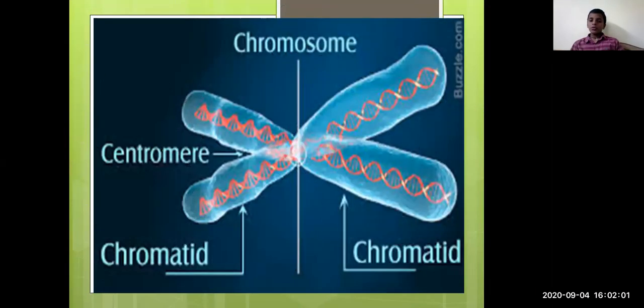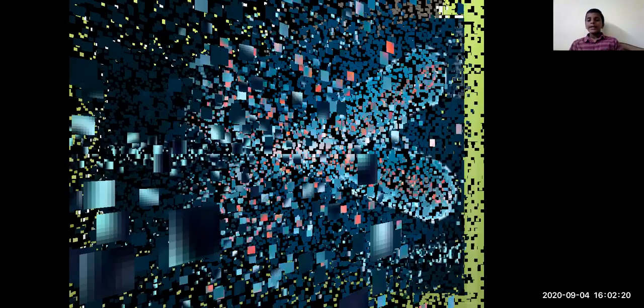You can see the chromosome, and the mid part is called the centromere, and the blue structure around this is called the chromatid. The inside part, which is in pink color, is the genes. In genes, DNA is present.